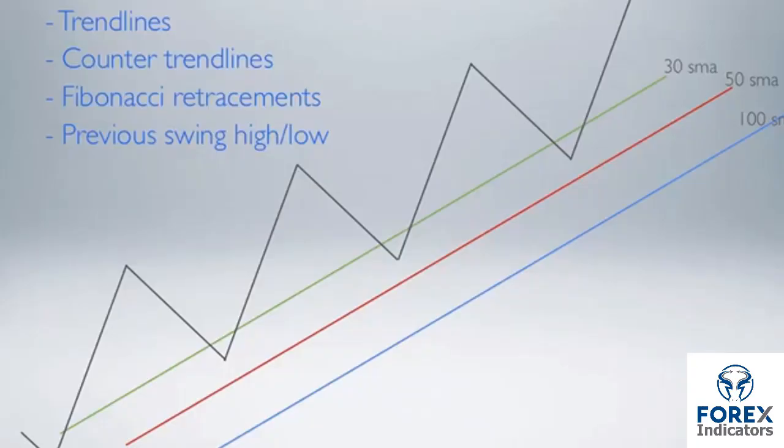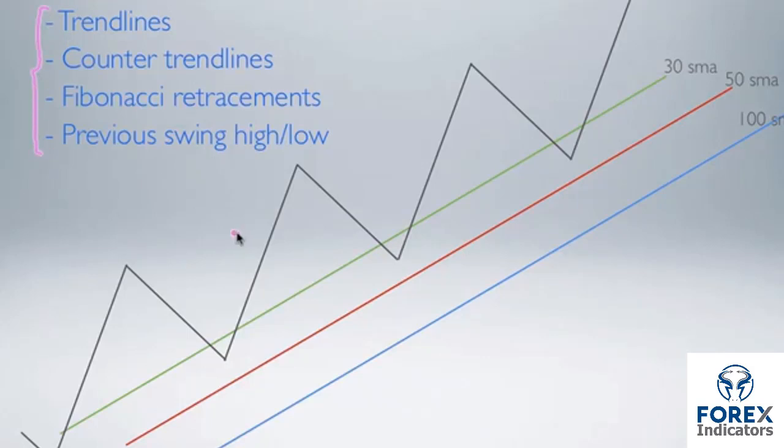Now, so far throughout the last few videos, we've established that we want to search for bounces off the dynamic area of support and resistance, in order to hopefully ride price for a whole new swing in the direction of the trend. Now we are implementing a whole new element, again, confluences.